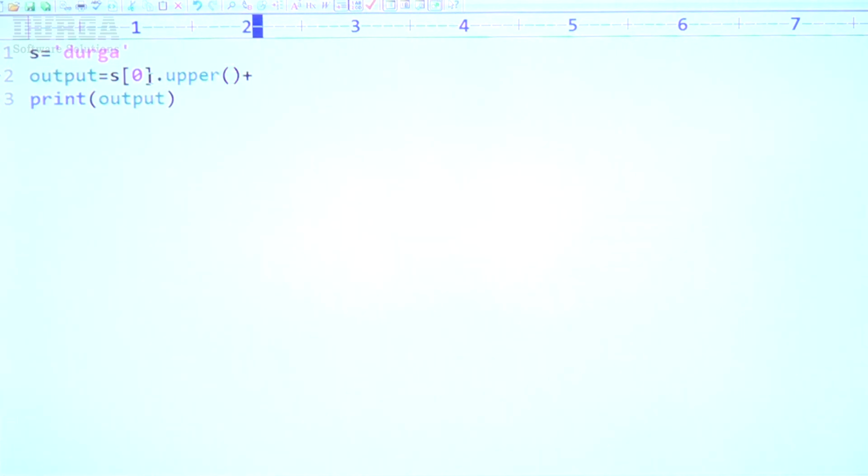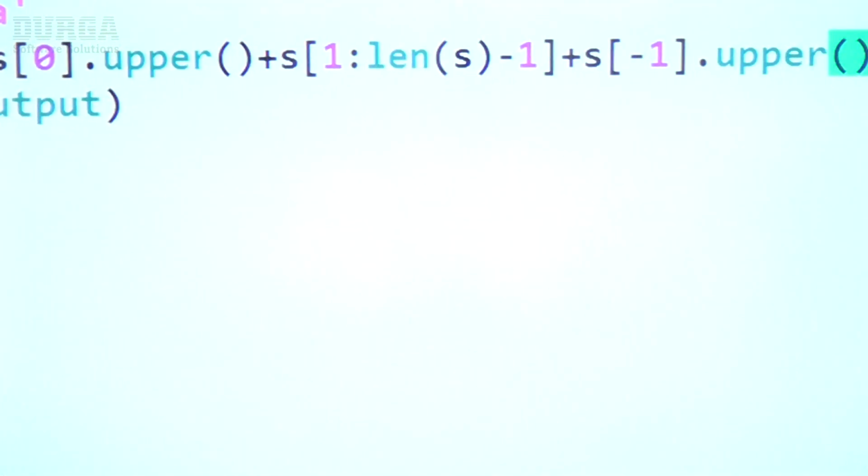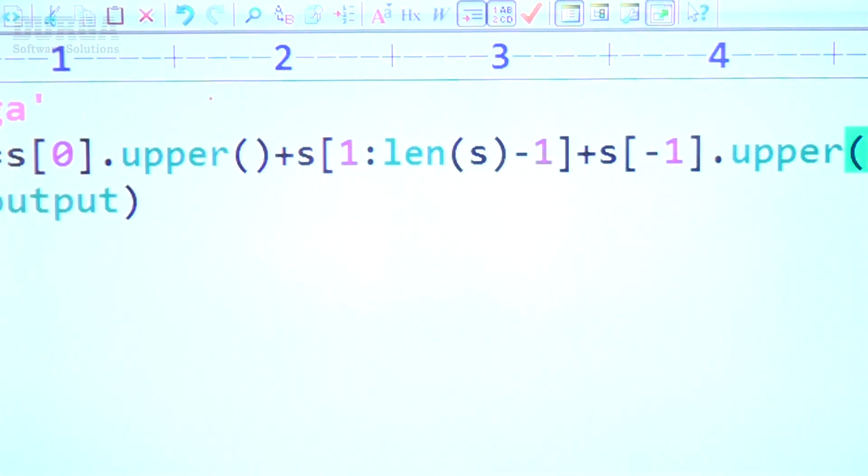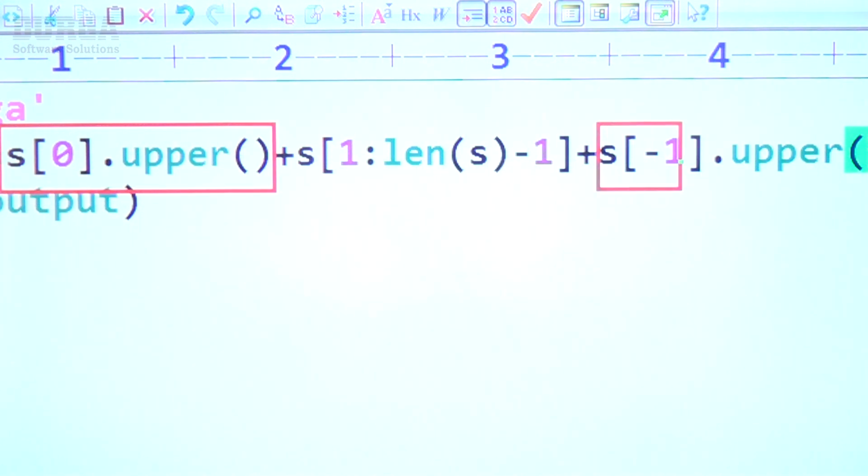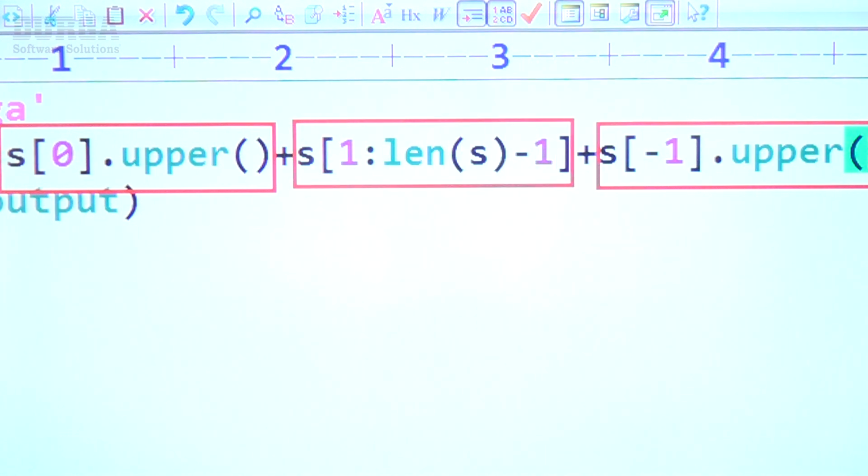Next, second character onwards, means index 1 onwards, up to last but 1, which means length of s minus 1. Plus the last character, s of minus 1 dot upper. That's it. Wow, beautiful, sir. If you understand this syntax, nothing is difficult. Read the first character and convert into upper, read the last character and convert into upper, and in the middle take the remaining characters as they are.